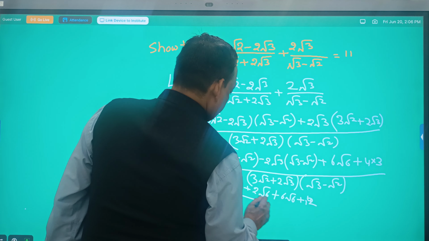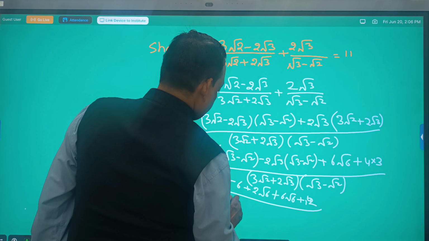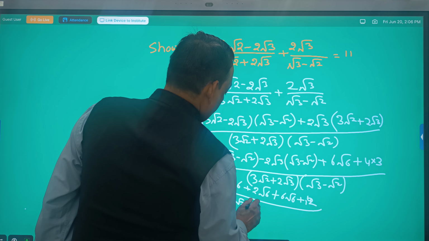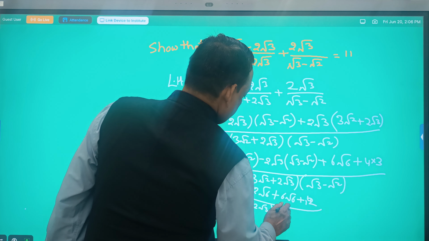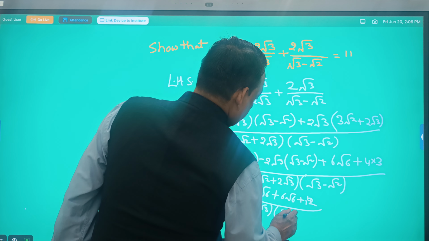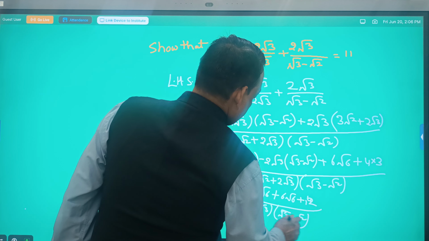And this again we keep the denominator as it is, (3 root 2 plus 2 root 3) and (root 3 minus root 2).